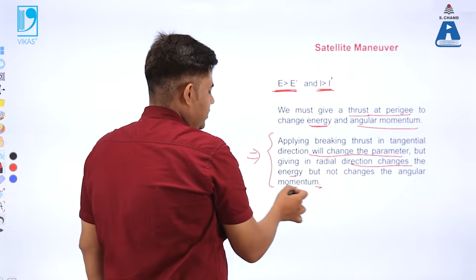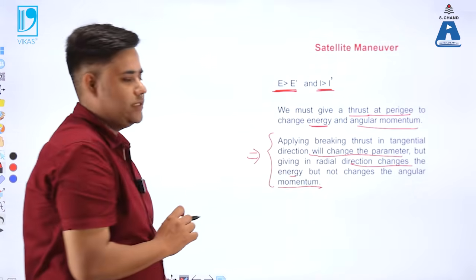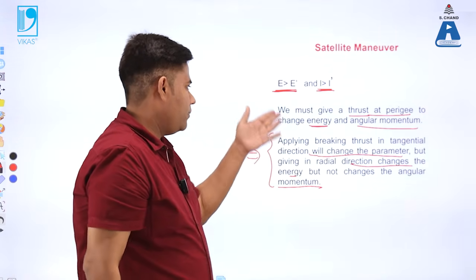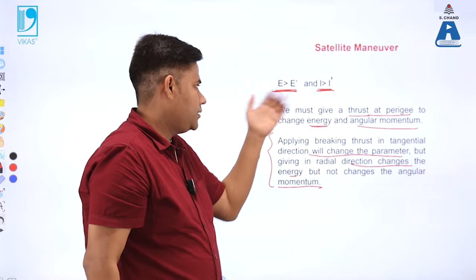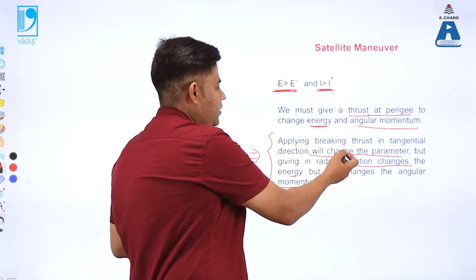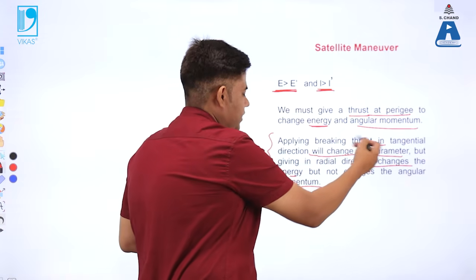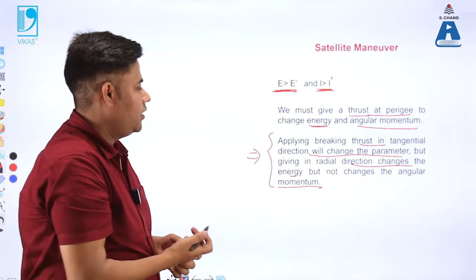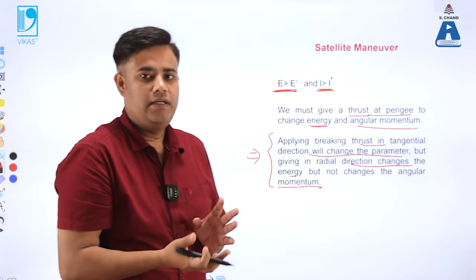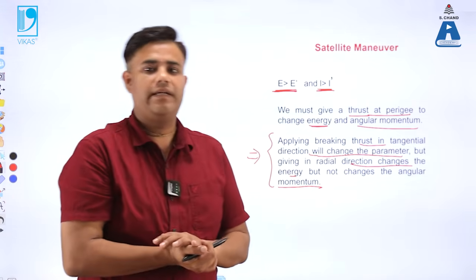But this does not change the linear momentum, as I have told you that this linear momentum is conserved. So by applying these set of new parameters, that is by giving a thrust in the tangential direction, we can no doubt change the path of the satellite, and that situation particularly is called the satellite maneuvers.